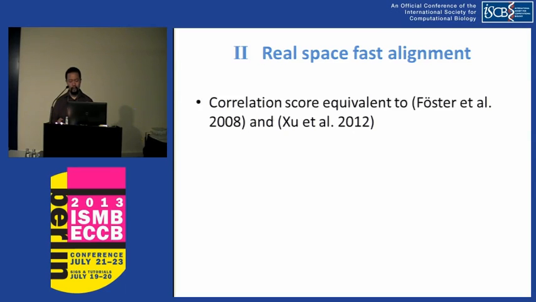Alignment is essentially to find the optimal rigid transform of two subtomograms such that the overlap or similarity of these two subtomograms is maximized. To do so, we use a correlation score that is equivalent to the one proposed by Förster et al. 2008 and our previous fast alignment method in 2012.